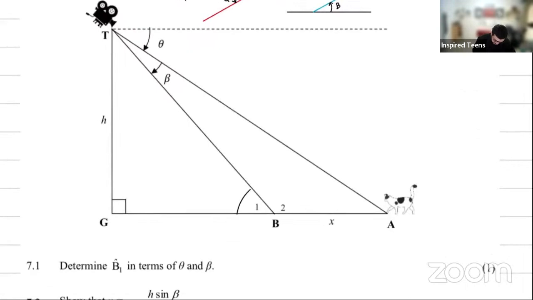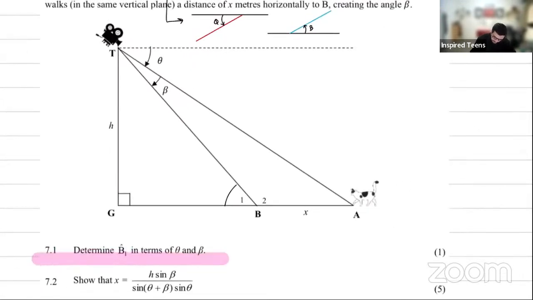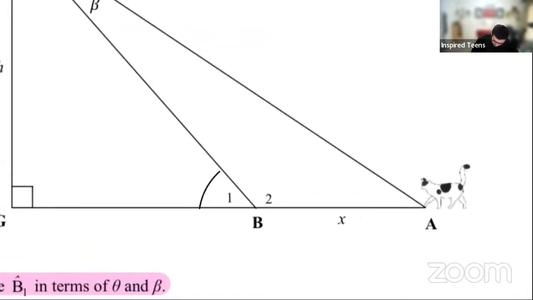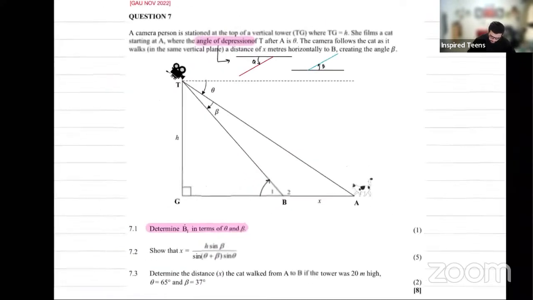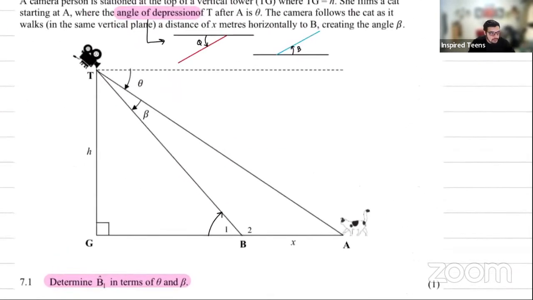So let's have a look. They said, determine B1 in terms of theta and beta. So they want us to determine B1. Here is B1. Now, here is theta.